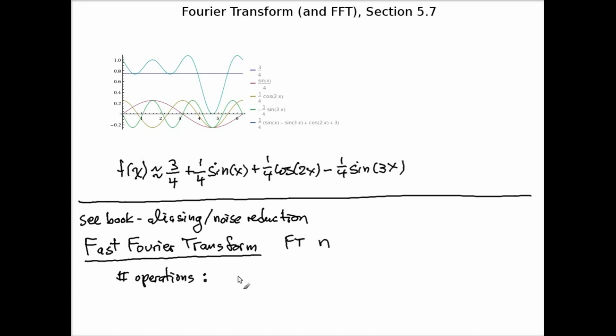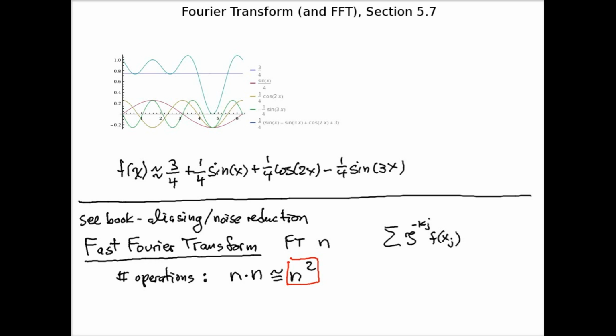Well, of course, there are n steps, and at each step we have to evaluate this sum, which is zeta to the minus kj f of xj, which has n terms in it, so there's approximately n multiplications. This is a very rough estimate, but basically it has n squared operations. And of course, as n gets large, this gets unwieldy.